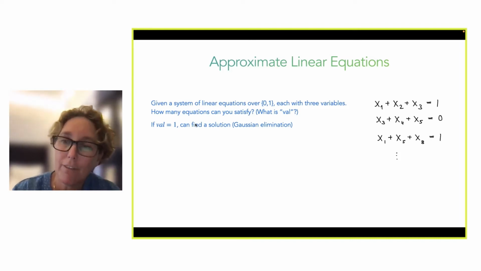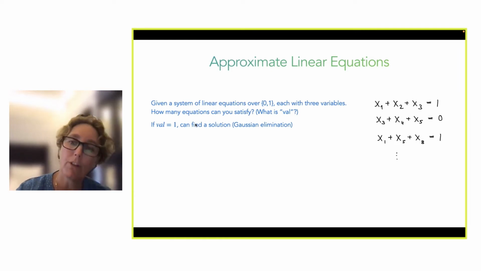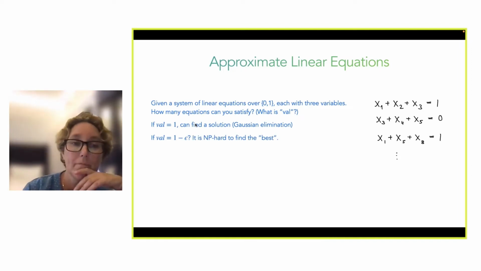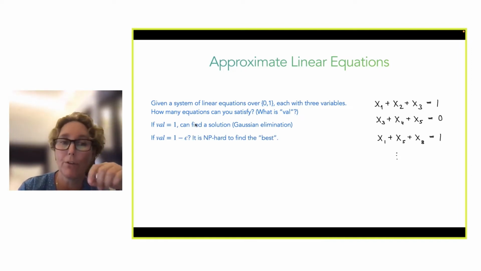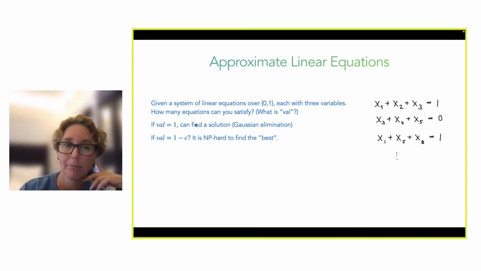But what if the system is overdetermined? There is no solution. Whenever you plug in an assignment, it satisfies some of the equations and violates some others. Turns out that when the value is 1 minus epsilon, say 0.999, meaning every assignment satisfies at most that fraction, even if there is an assignment that satisfies this many equations, it will be NP-hard to find it.